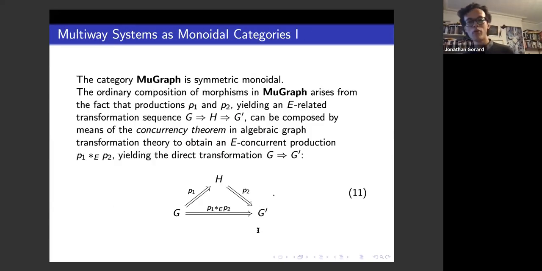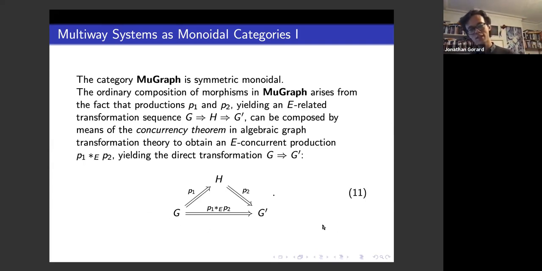To be a bit more formal about that, if we consider the category of multi-way evolution graphs, which we'll call mu graph, then if we have two typed hypergraph productions, P1 and P2, and they're E-related, in other words, they're effectively concurrent, so we have a transformation from hypergraph G to hypergraph H to hypergraph G prime, where those transformations are given by productions P1 and P2 respectively, then they can be composed to obtain an E-concurrent production, which I'll call P1 star P2, which gives us a direct transformation between G and G prime.